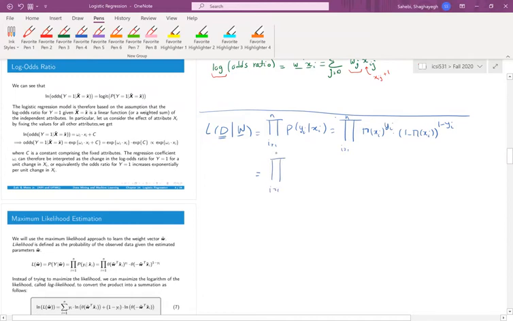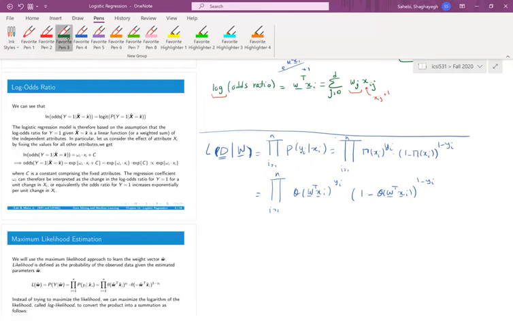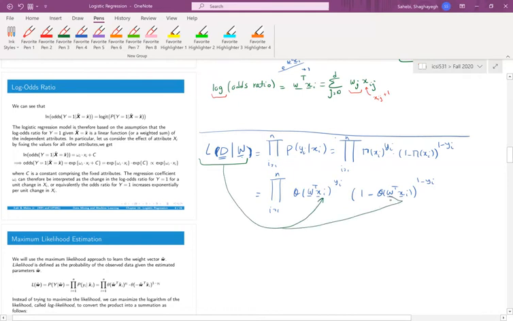i equals 1 to n, theta of W transpose xi to the power yi, multiplied by 1 minus theta of W transpose xi to the power 1 minus yi. So you can see that the likelihood of our data depends on the W's because we have the parameter W here.